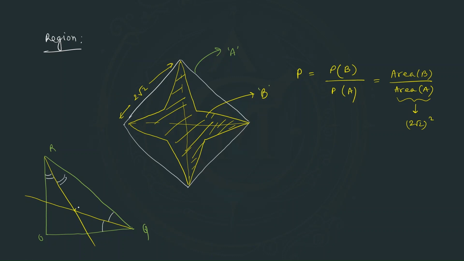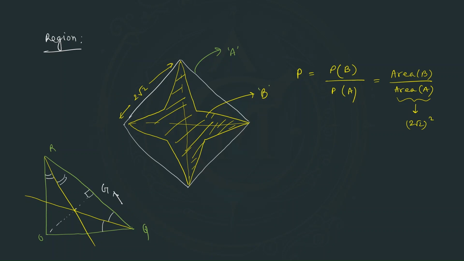So by the symmetry of this region, this line will be perpendicular to this line QR. Let's say it is OG. Then OG is perpendicular to QR and is the perpendicular bisector of QR.